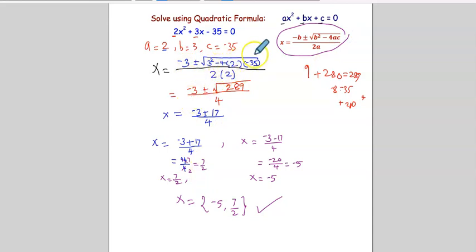Just carefully substitute and simplify one step at a time. And especially students, they will get confused at this part also. What is plus or minus? It is nothing but you have to add these two, like 3 plus 17 and that 3 minus 17, of course with the minus. That is what is meant by plus or minus.